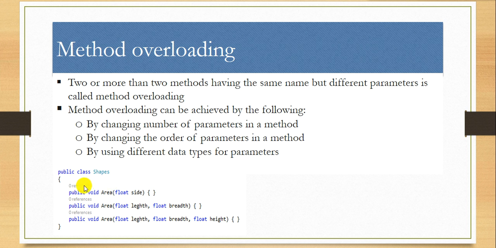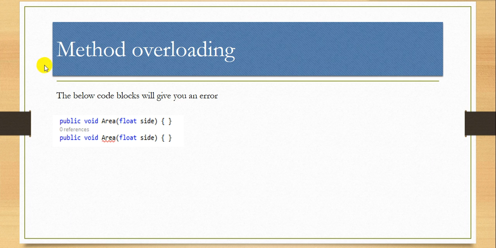Here all these methods are for calculating the area of different shapes. So when the client calls the method area, he can get all the method overloads there, and he can choose the appropriate one and pass the arguments.